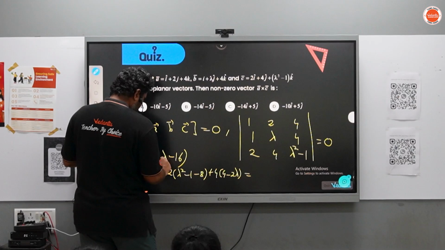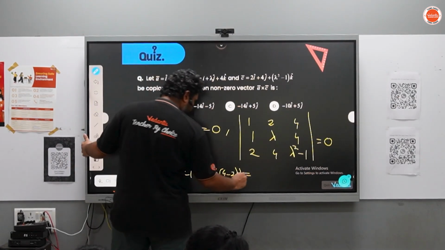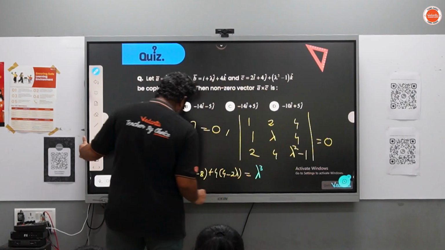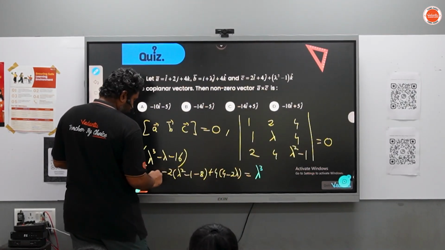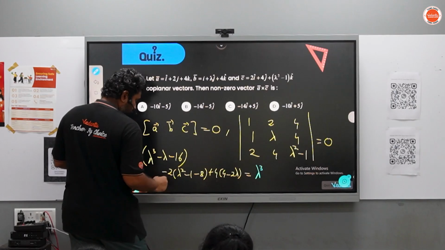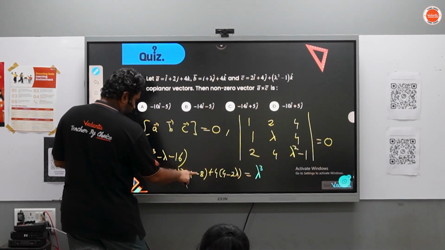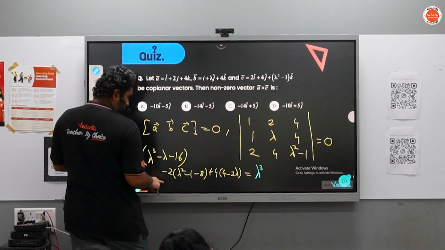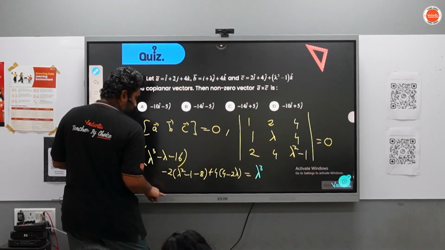So what do we have? Lambda cube minus 16 plus 18 minus 16 plus 16 plus 18, right?